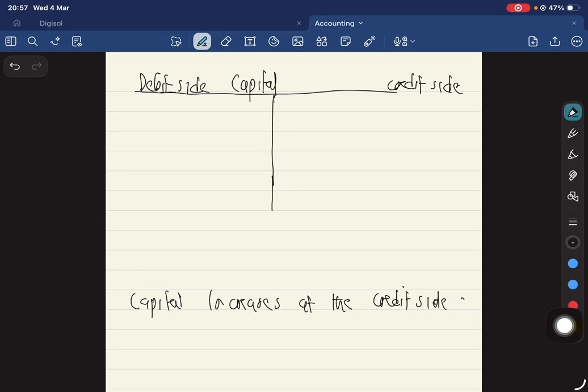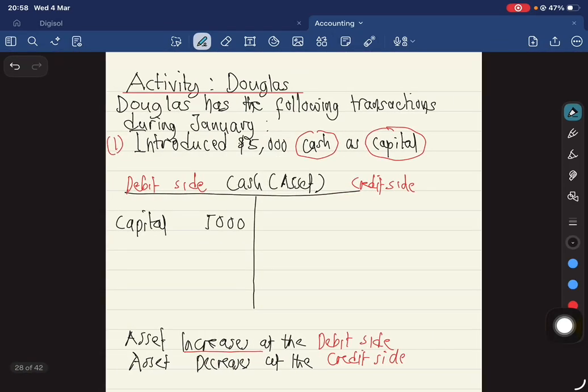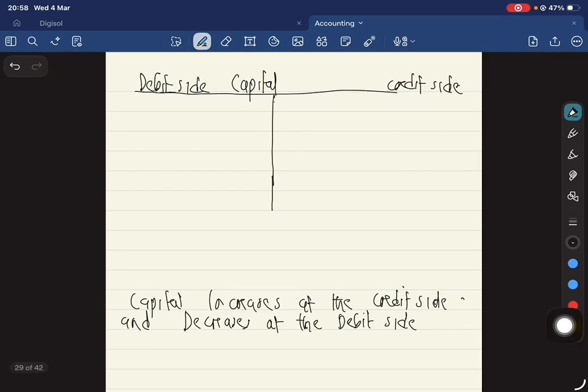and decreases at the debit side. And the question says Douglas introduced 5,000 cash as capital. So capital is the amount of money the owner has put into the business. Initially there was zero capital, and now the owner has put 5,000 cash into the business.